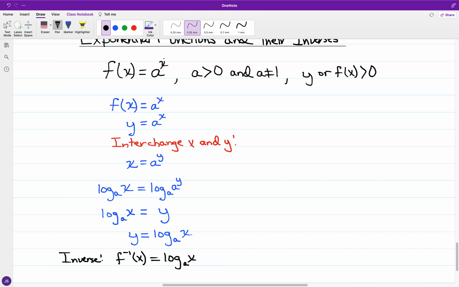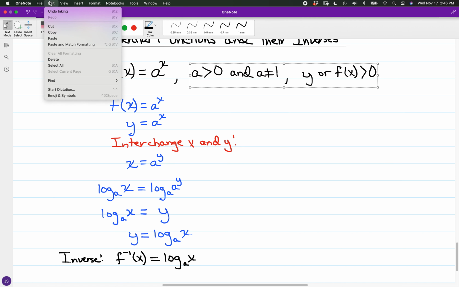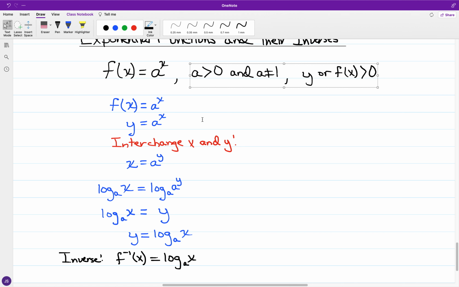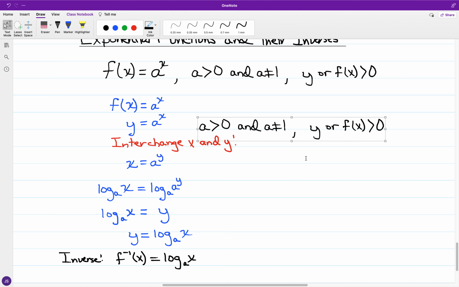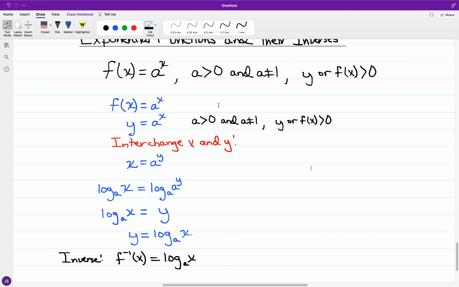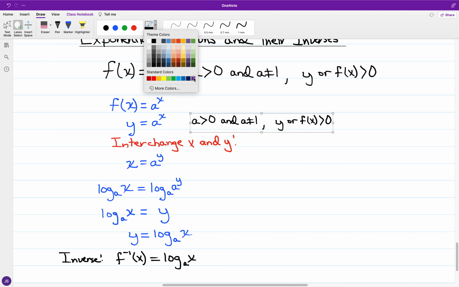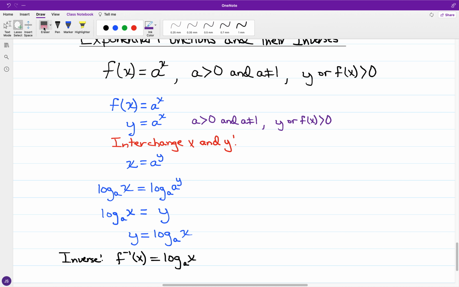And just let me mention some things here. We had these restrictions regarding a: a is positive and not equal to 1, and y is greater than 0.